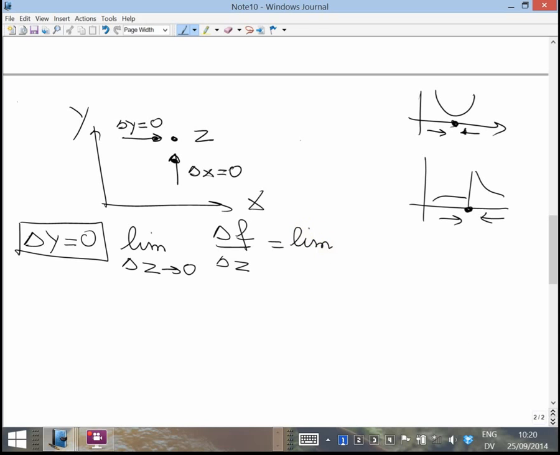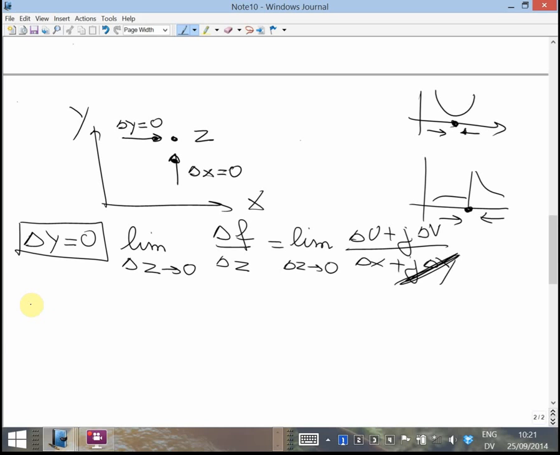If we break this up in real and imaginary components, we have delta u plus j delta v divided by delta x plus j delta y. So this is the most general form of our derivative. But now we're looking at a very special case where we approach this point horizontally, so delta y is equal to 0. So we can get rid of this here.